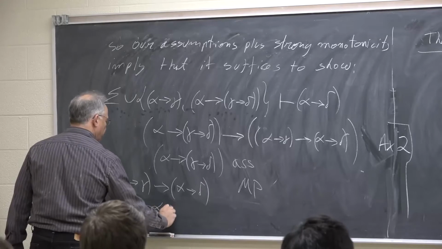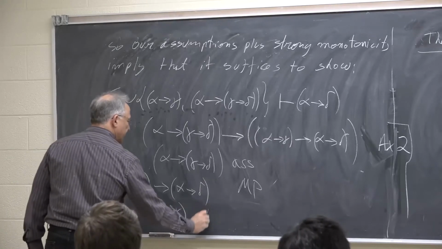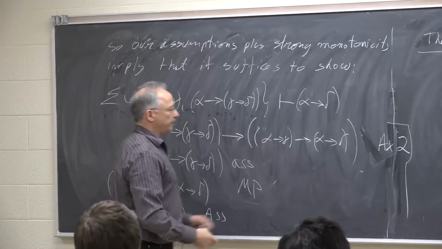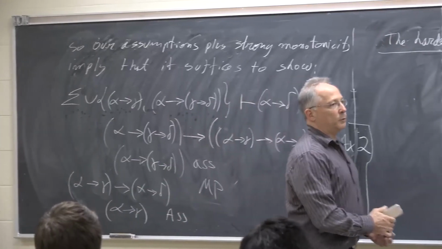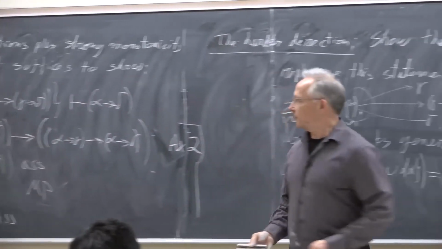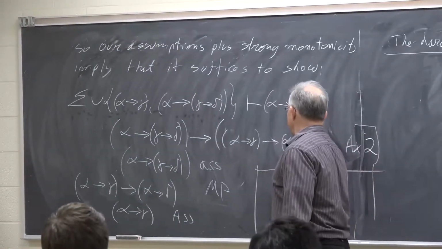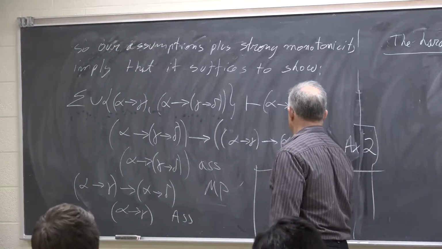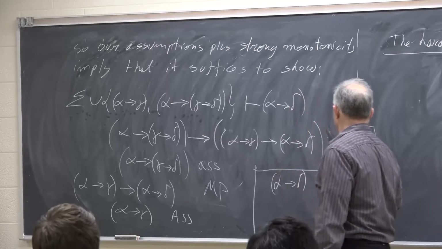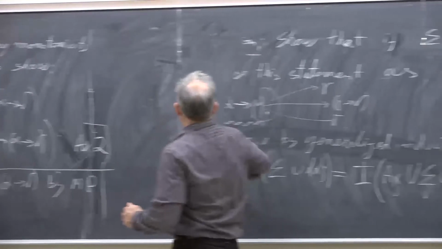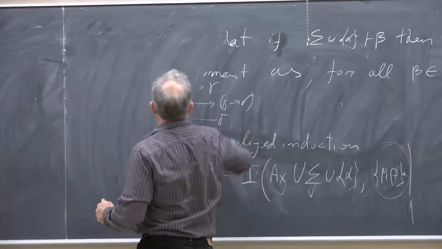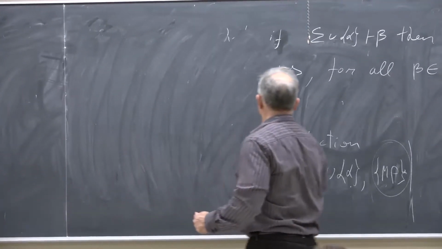Then I'll write alpha arrows gamma, assumption, and do modus ponens, and get, now all I need is alpha arrows delta by MP. So we finished our proof of the deduction theorem.